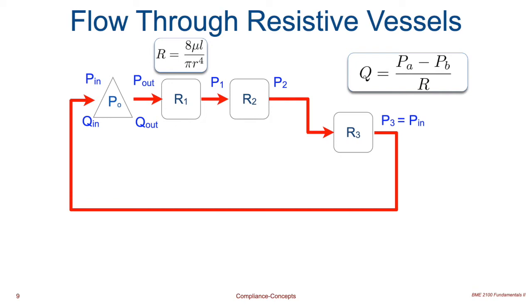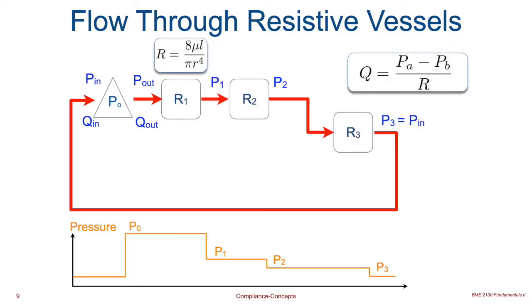And so we end up with different resistances that arise in the blood flow. And to each one of those, we can determine what the pressure change will be. Because the flow, we know, is Q in or Q out. They're the same value. We have the flow. We know the resistance because we know the structure of these vessels. And from that, we can figure out the pressure change that segment of vessel brings about.